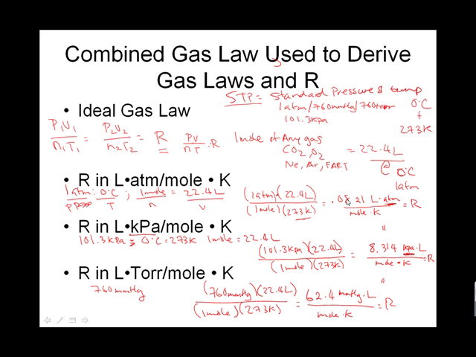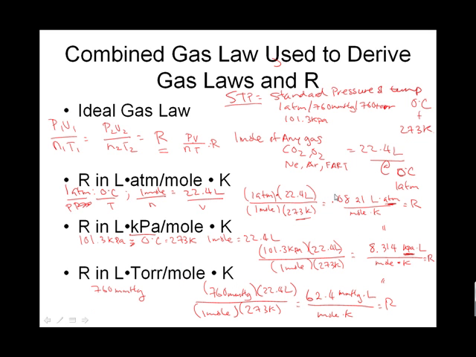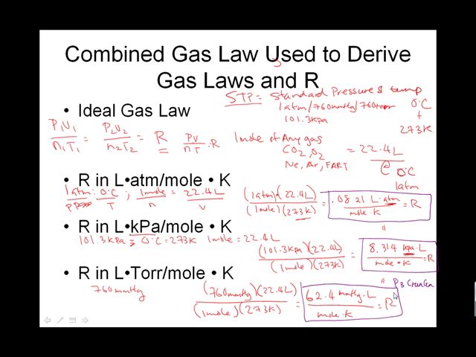I'm actually going to change my ink color because it's really hard to see through all this. This number and this number and this number you do not have to memorize because it's on page 3 of your cruncher, under physical constants. 1, 2, 3, 4, 5, the fifth constant down is your R. So please note that your R value is over there and you don't have to memorize it.